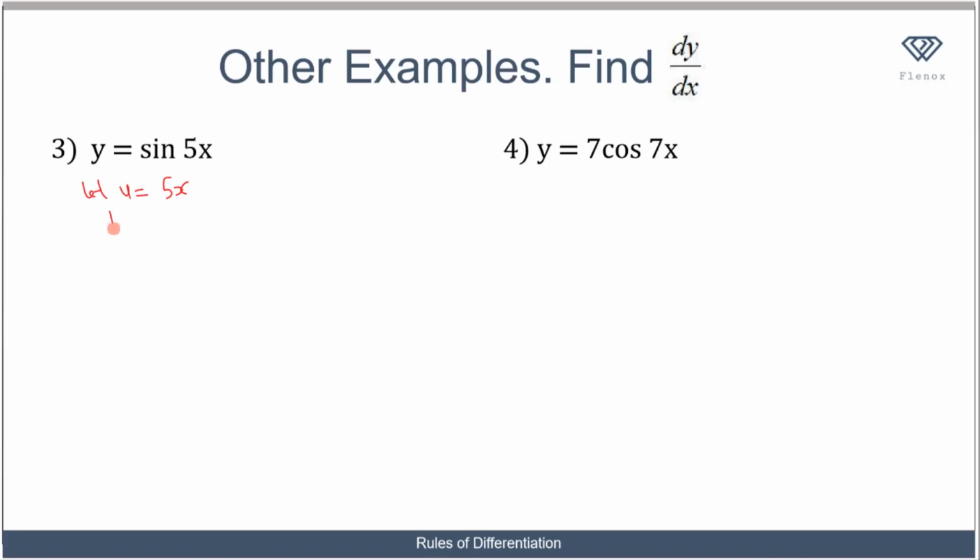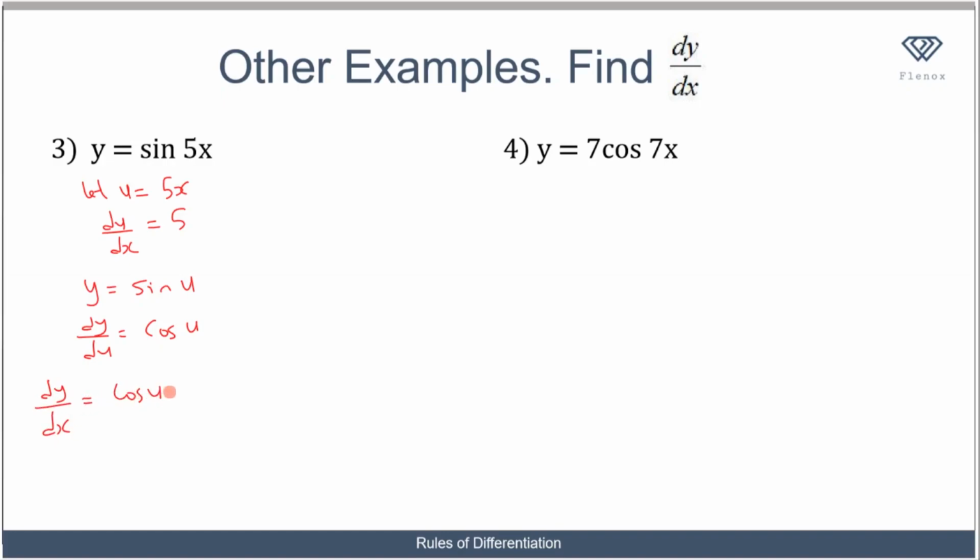So I have du over dx. When I differentiate that, I get 5. So now my y value will be equal to what? Sine u. And my dy over du will be equal to, when I differentiate sine u with respect to u, I get what? Cos u. So my dy over dx will just be the multiplication of those two terms, which will be equal to what?